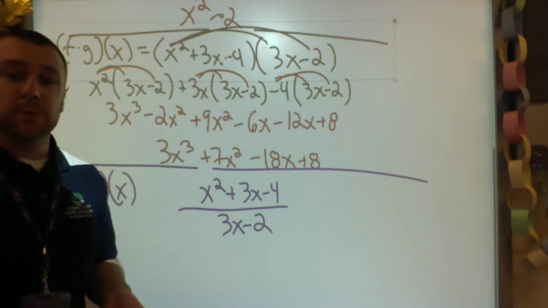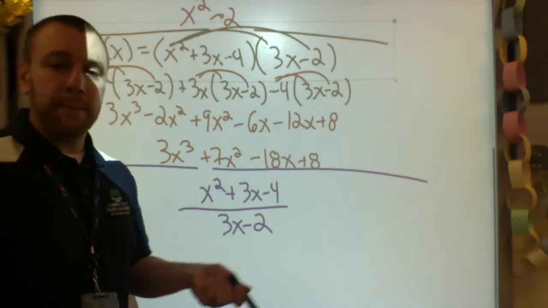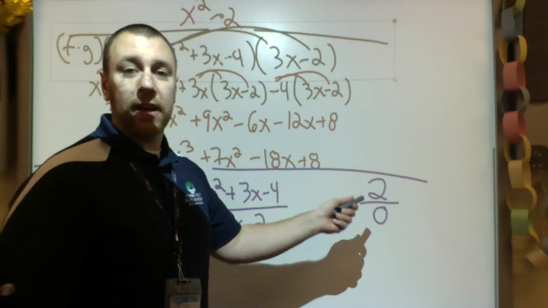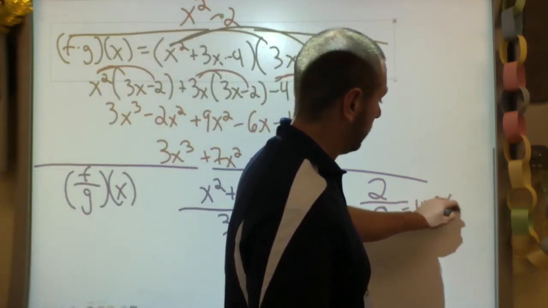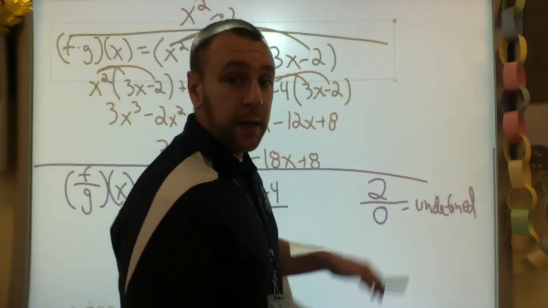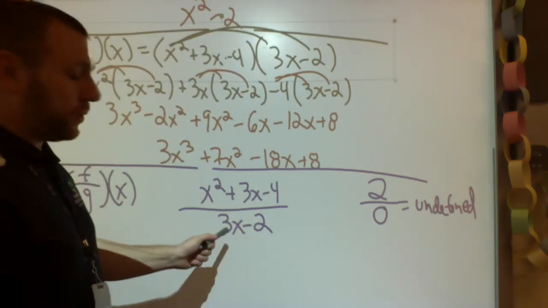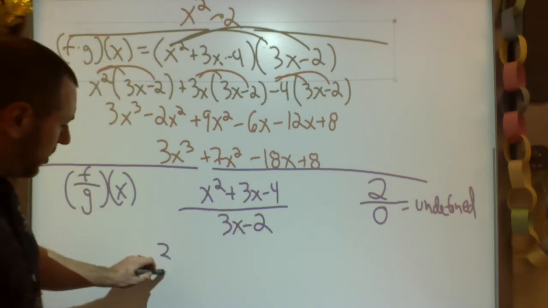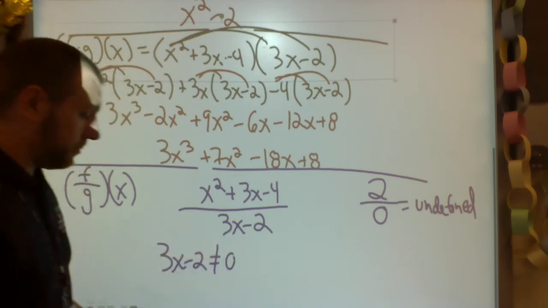But this is where things get a little complicated, because if you remember back, 2 divided by 0 is undefined. I can never have anything divided by 0. So I have to figure out what x cannot be. I know 3x minus 2, the denominator, can't be 0.